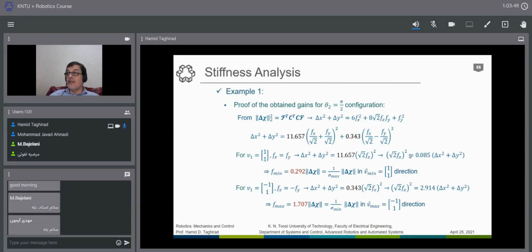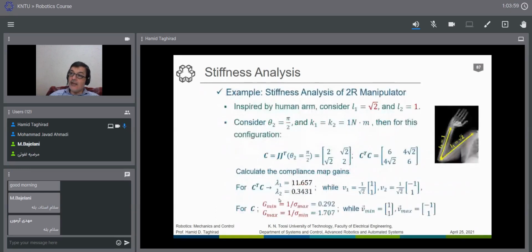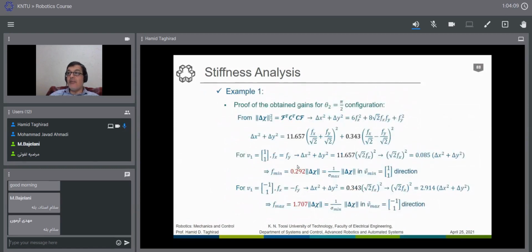The inverse, if you want to find it here, comes here, and if you just take the square root, you find 0.292, which is exactly 1 over the singular value maximum of the C transpose C that we have here. So we can find the minimum value of f in the x1 direction and the maximum value of f as 1.7 in this direction.